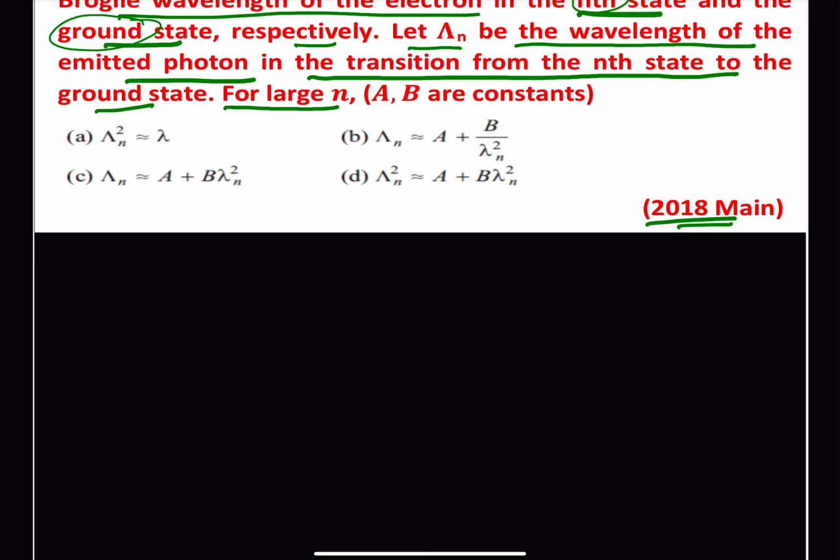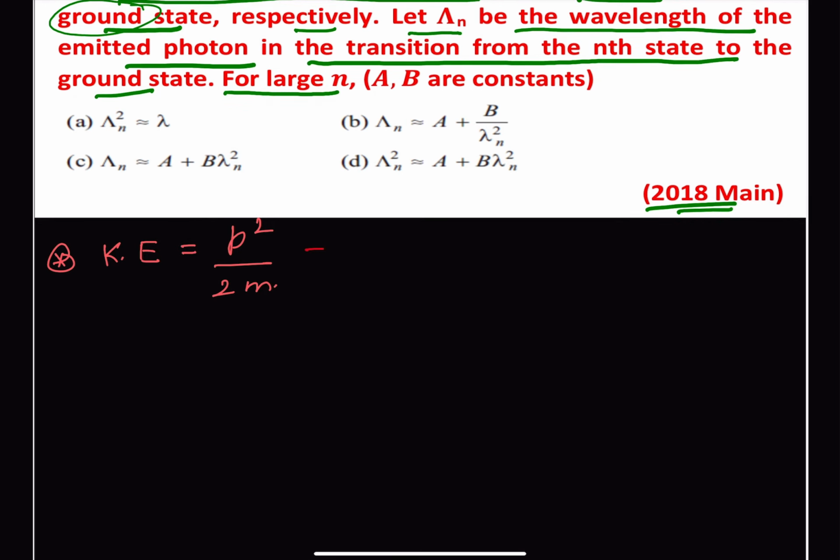So we can say our kinetic energy is given as p square upon 2m, and we already know the equation for momentum. Then we can write this will be equal to h square upon 2m lambda square.